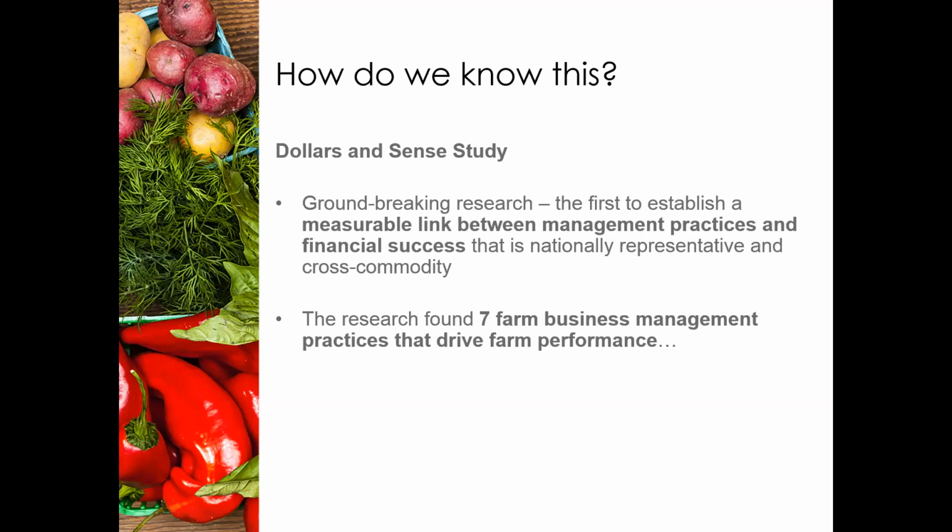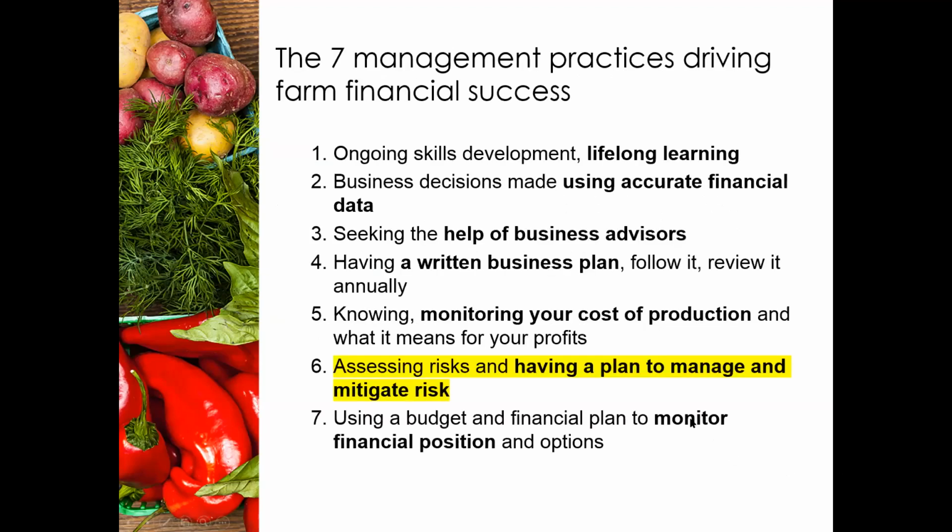And one of the things that became highlighted through that study was that there really are 7 top business management practices that drive farm performance and that put the top 25% at the level that they are because they have these practices in place.